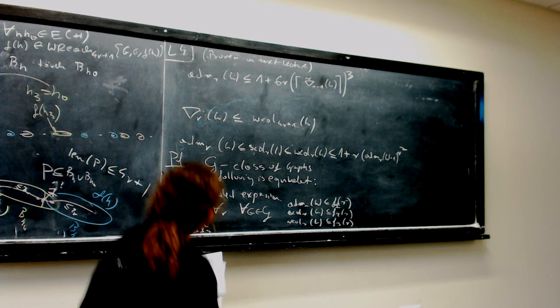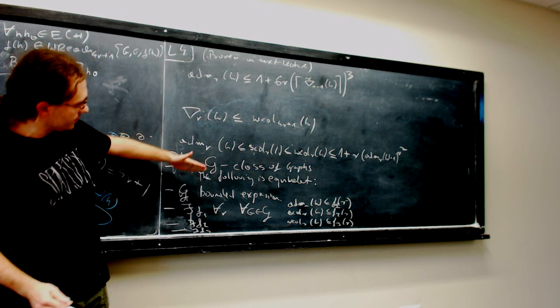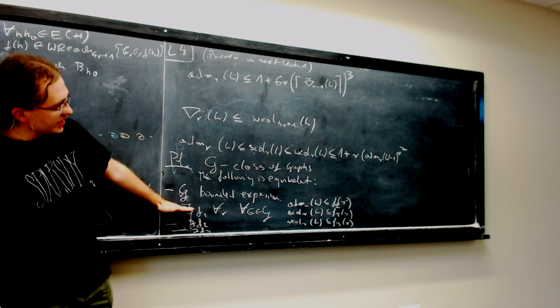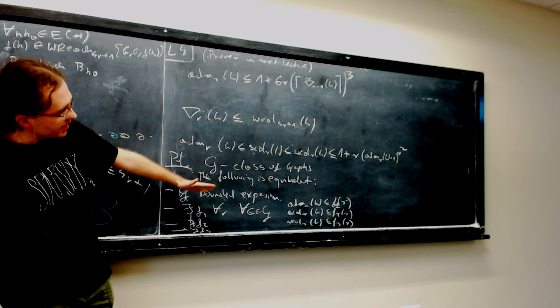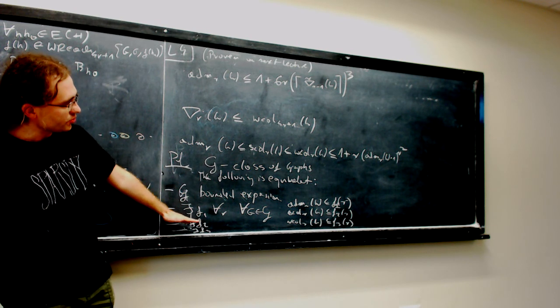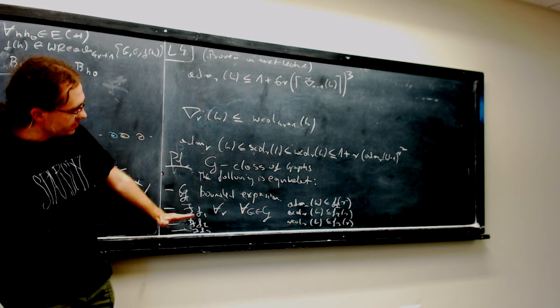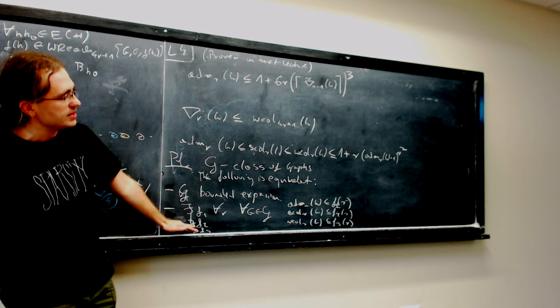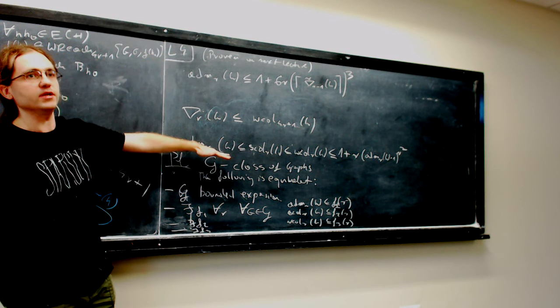So there are four equivalent conditions. We have a graph class of bounded expansion, or admissibilities are bounded as a function of r, or strong coloring numbers are bounded as a function of r, or weak coloring numbers are bounded as a function of r. If you gain any one of these, you get all of them by all these inequalities.